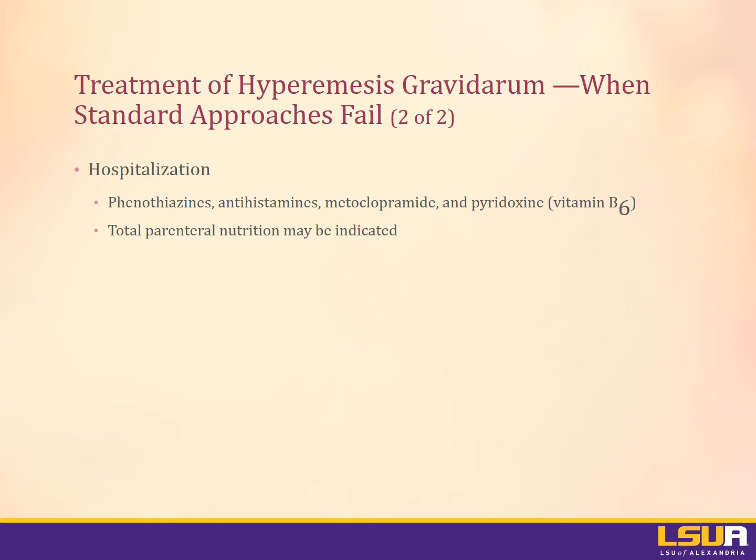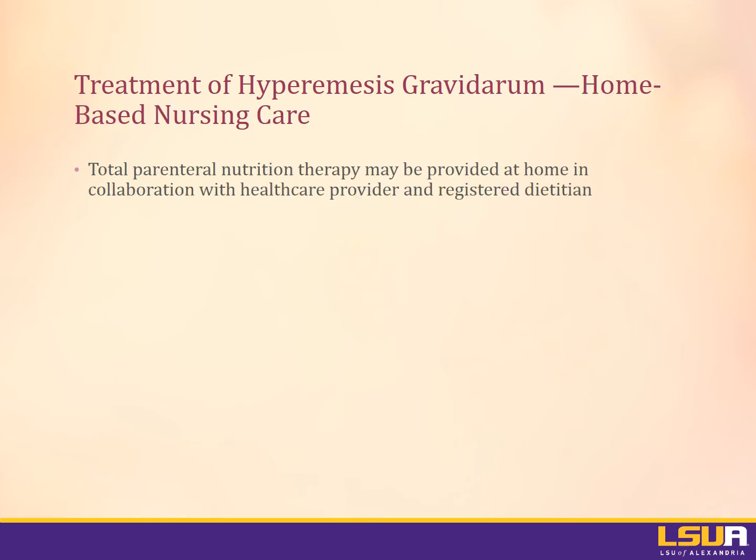And sometimes, if we cannot get this reversed and get her electrolytes back in balance, she may be placed on TPN. If she's on home-based care, we can put her on TPN in collaboration with healthcare providers and registered dietitians, because it requires a lot of lab work to make sure everything is in balance.